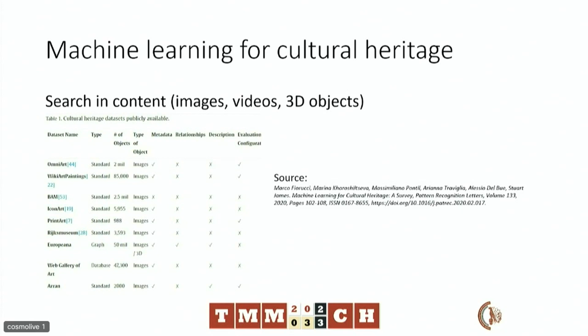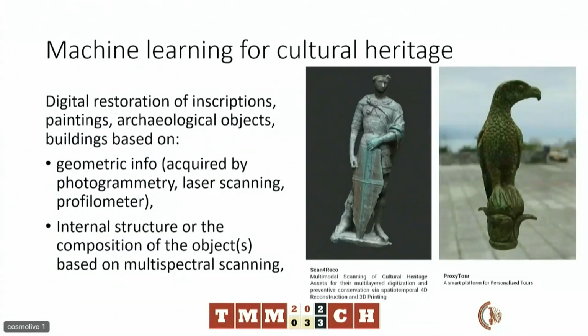So there is a problem here: searching inside content. Searching in text has been solved, but for images, videos, and 3D objects it is uncoupled. We have machine learning for the restoration of inscriptions, paintings, archaeological objects, buildings, which is based on geometric information and other internal structure of the objects, or the composition or the materials of the objects.